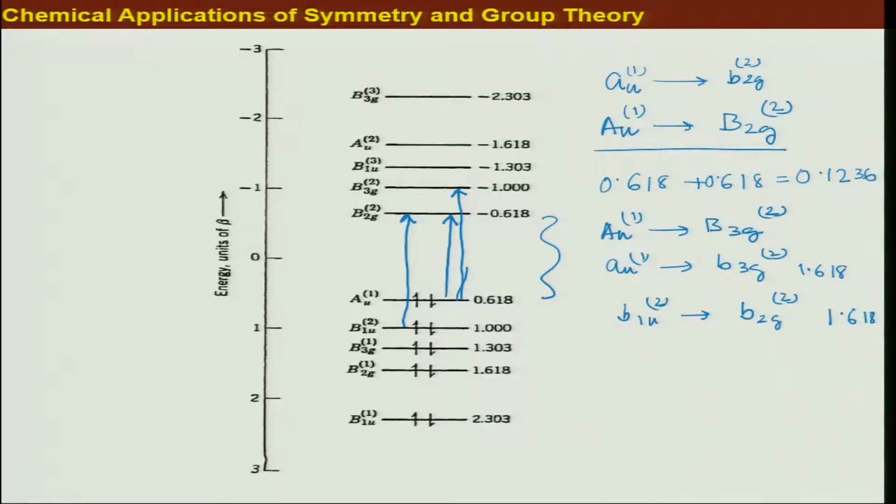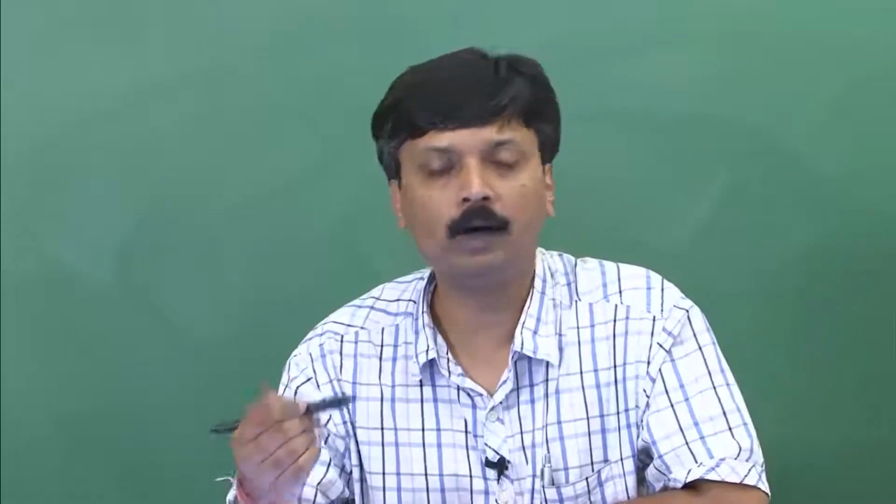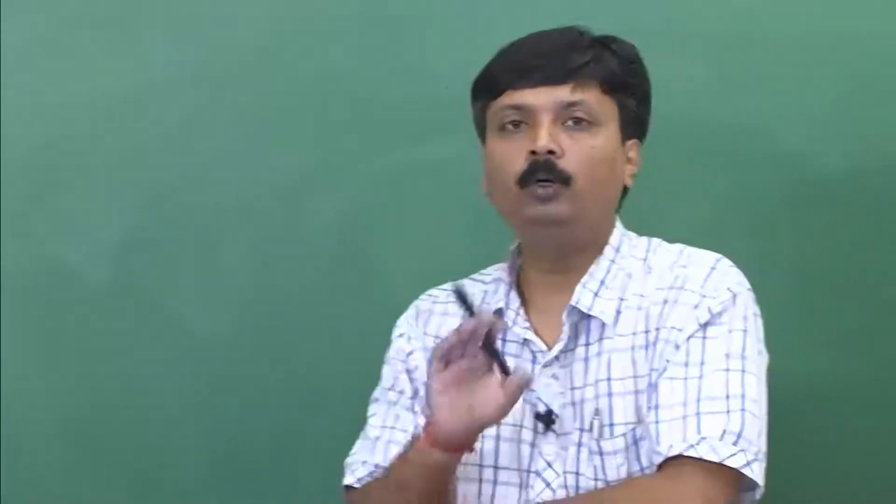Now I want to know whether these three lowest order transitions are allowed or not, and if they are allowed, in which polarization they are allowed. So that we need to find out. So how to tackle this problem?